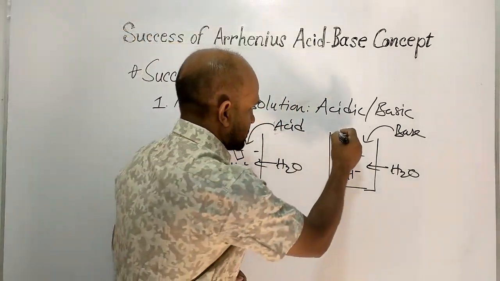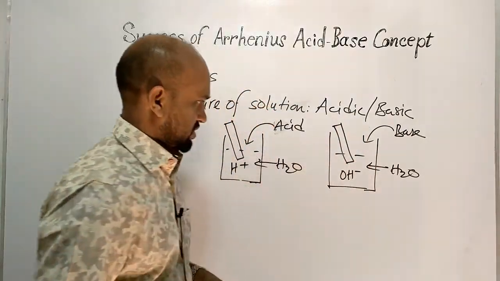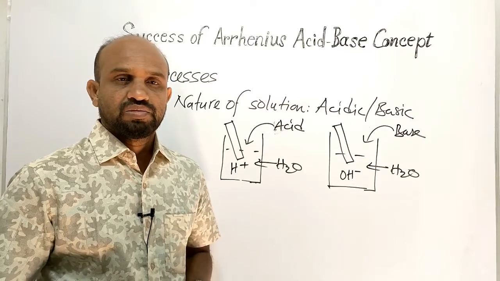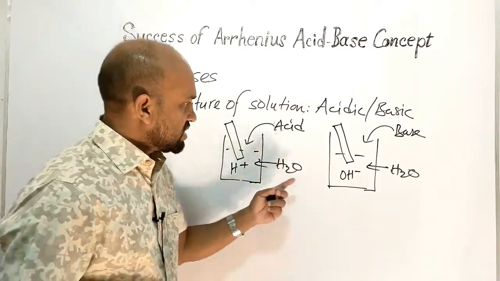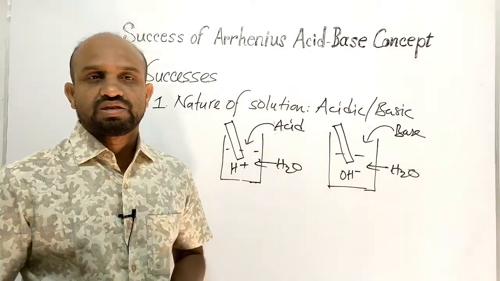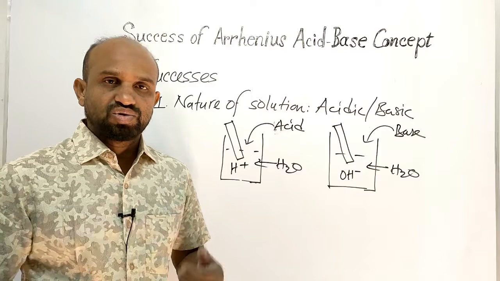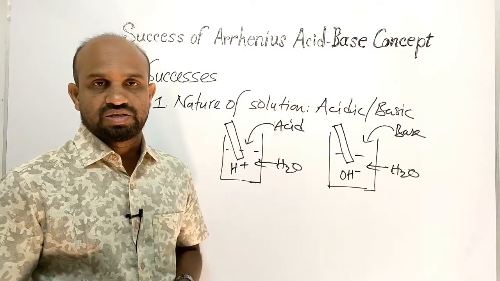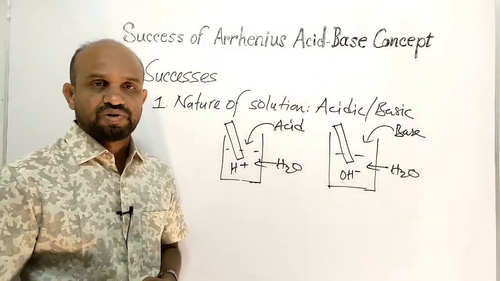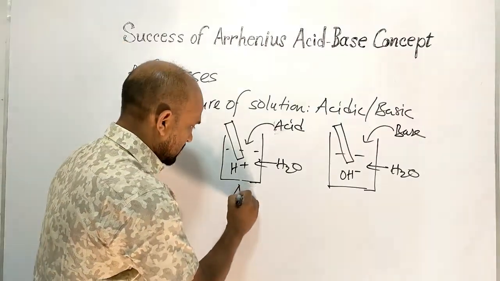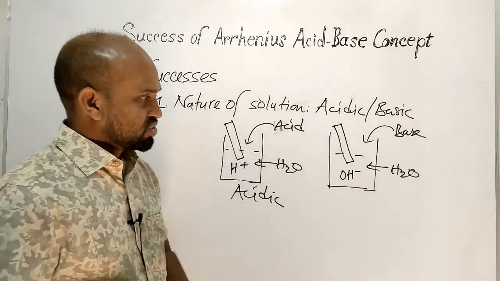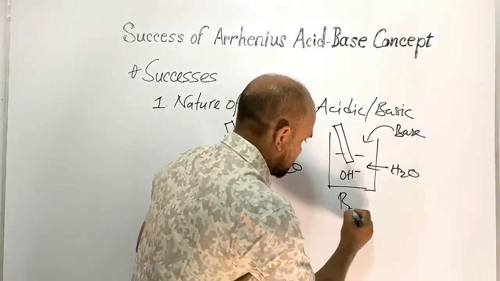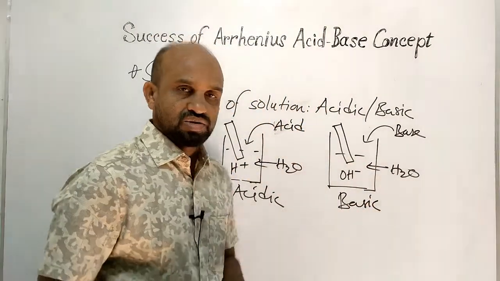This hydroxide ion can change the color of the litmus paper from red to blue. So through this process we can determine whether a solution is acidic or basic. If it changes the litmus paper from blue to red, this is an acidic solution, and if it changes the litmus paper from red to blue, this is a basic solution.